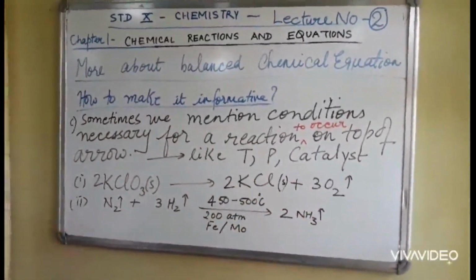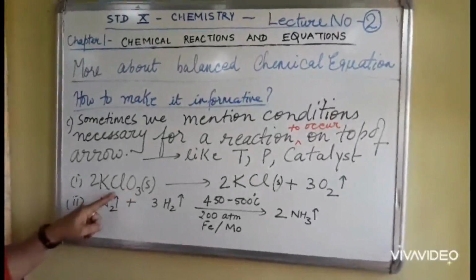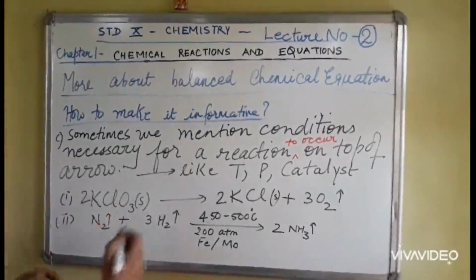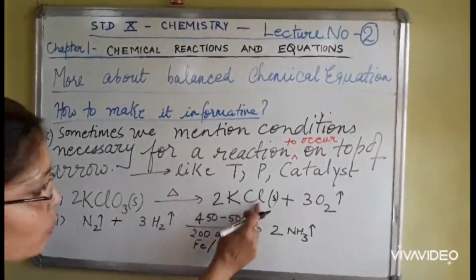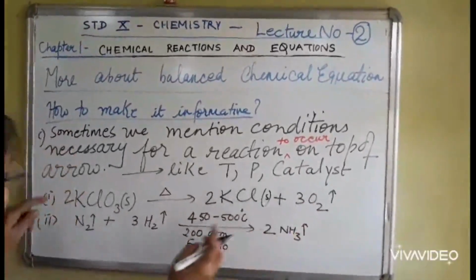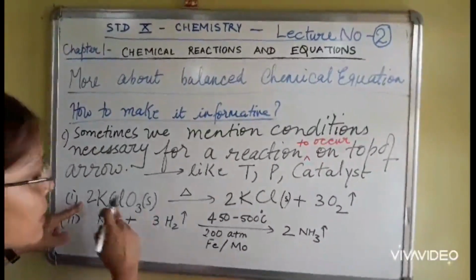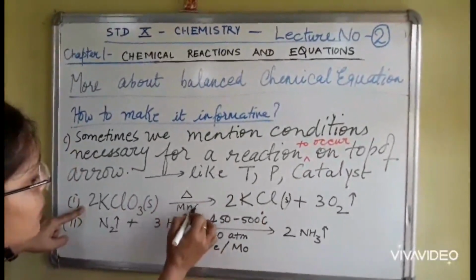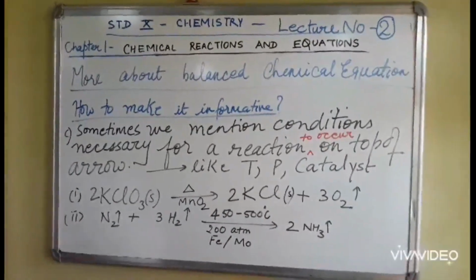As you can see in this reaction, the first one, KClO3, the name of this compound is potassium chlorate. When you heat it, it gives potassium chloride and oxygen gas. This reaction is the lab preparation of O2 gas. This reaction will never occur unless you use the catalyst MnO2, manganese dioxide.